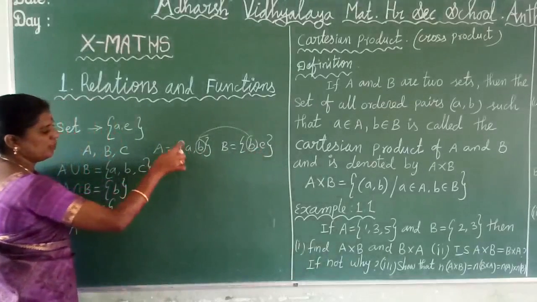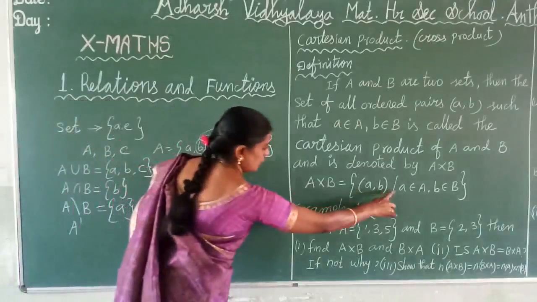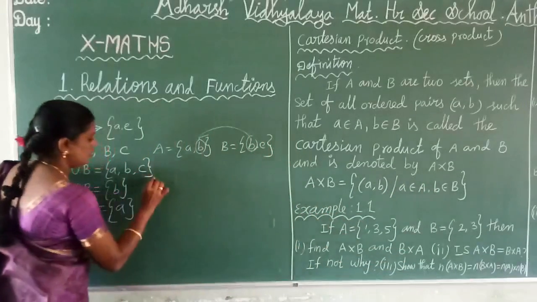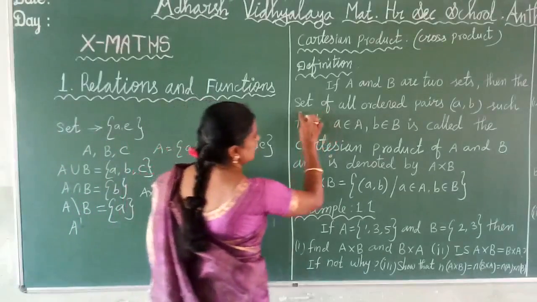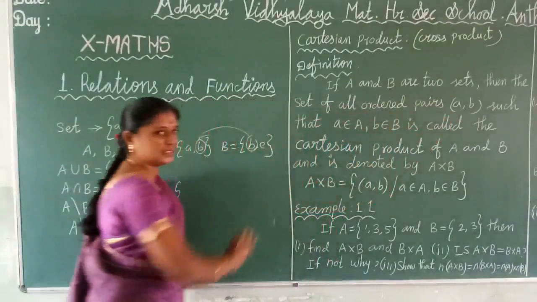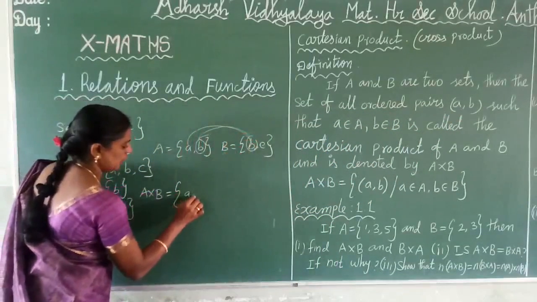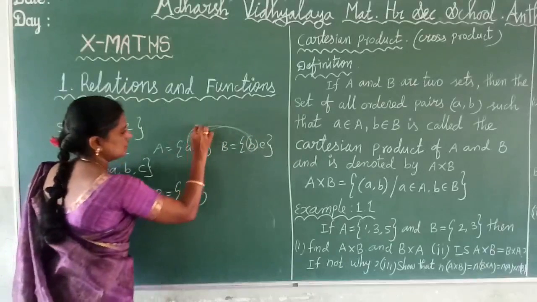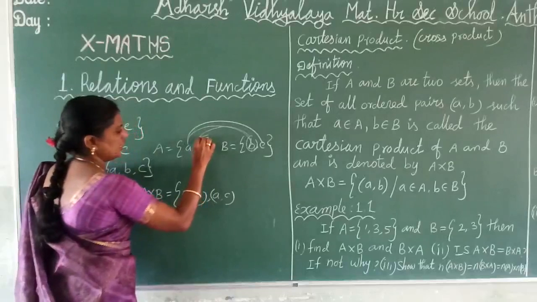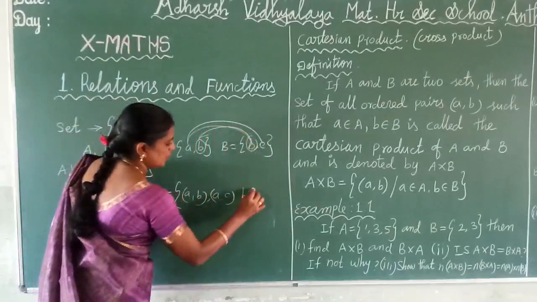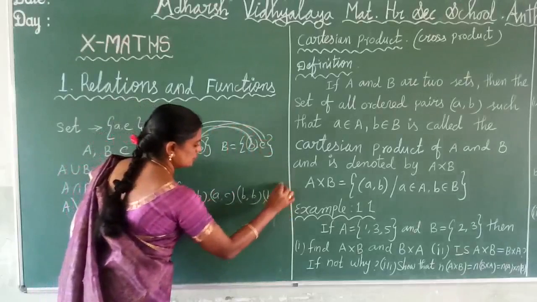This a belongs to capital A and this b belongs to capital B. So how do we write A cross B? (a, b), (a, c), and next, second element b first: (b, b) and (b, c).